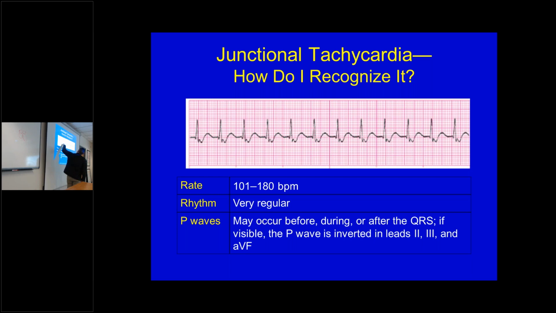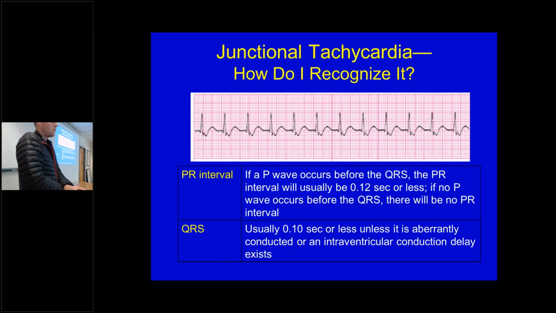You can see that S wave is already starting to go up, and then there's probably that inverted P wave right there. So that's junctional tachycardia. And then it's just talking about the PR intervals.